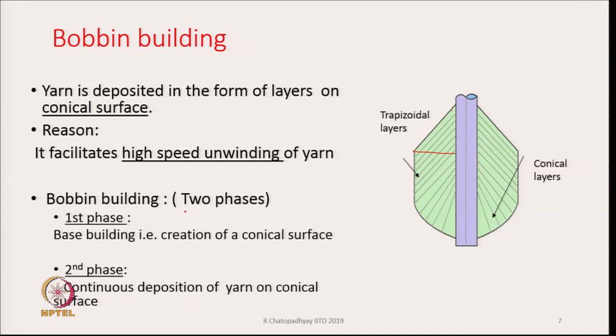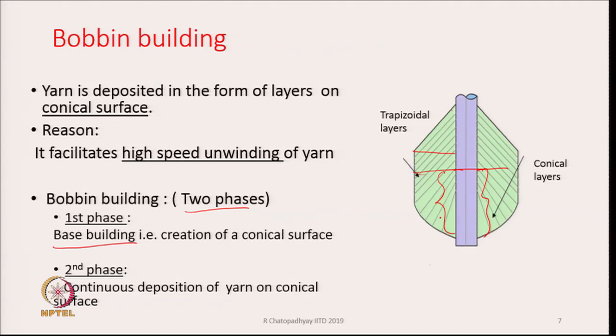Bobbin building therefore has two phases. The first phase is called base building, that is, we are going to create the base. That base building is almost from here to there. This part is the base building part. From here to there, we are basically trying to build the base. You see the way the layers are being formed.